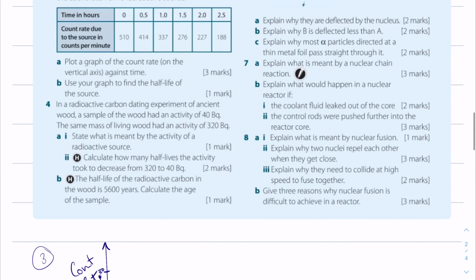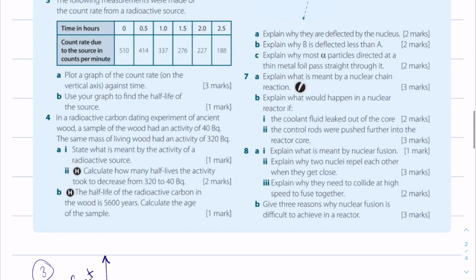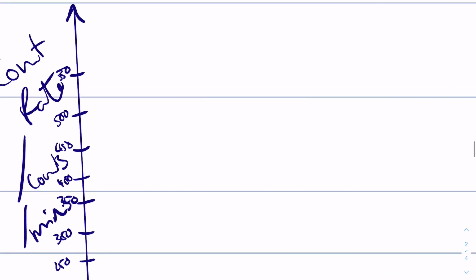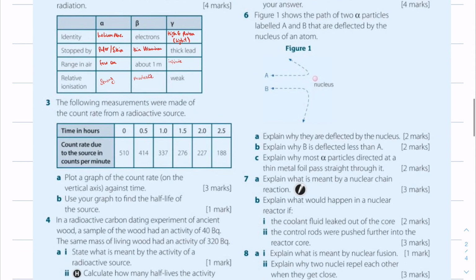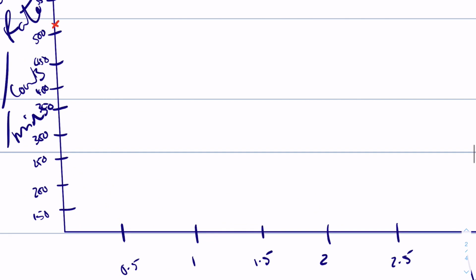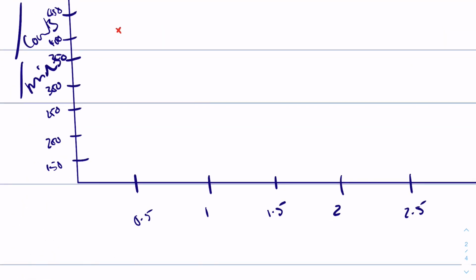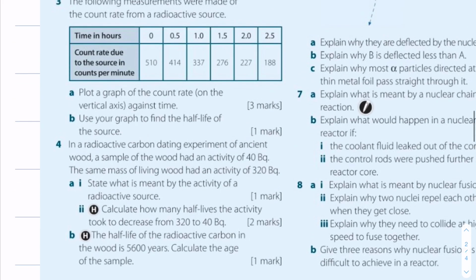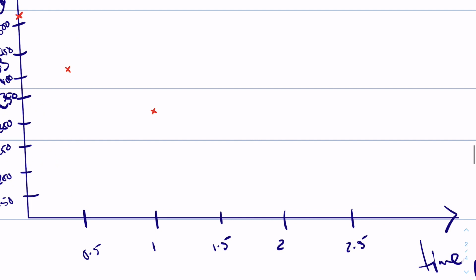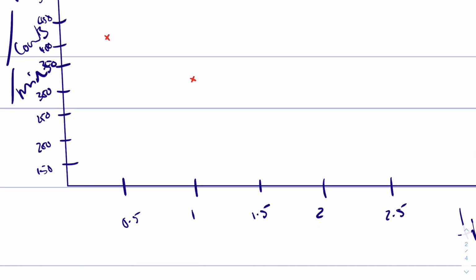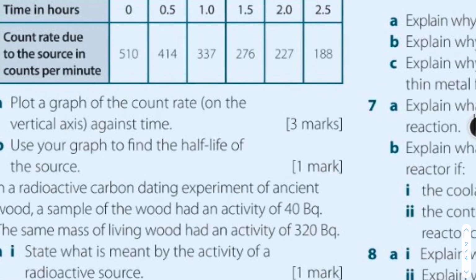And let's go for some plots. So 0 is at 510. Half is at 414. Three, 3, 7. This is very approximate. 2, 7, 6. 2, 2, 7.